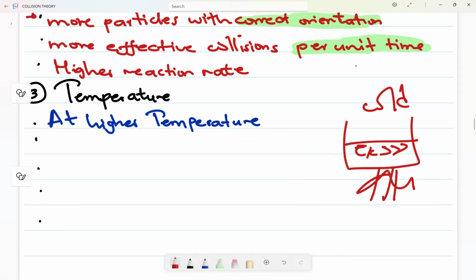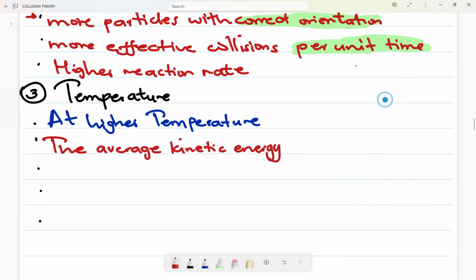So we'll say at higher temperature, the average kinetic energy of particles increases, or you can say the particles now move faster.